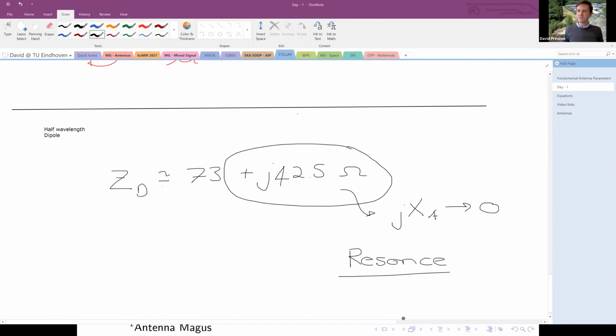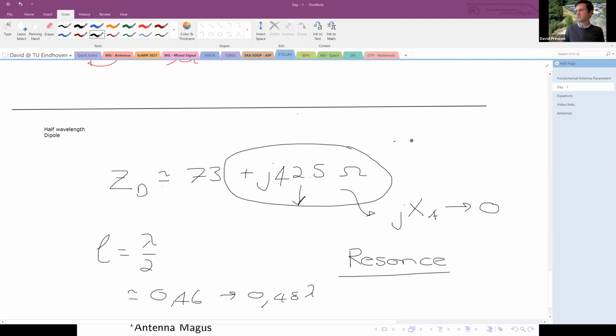And to achieve resonance with a dipole antenna, as I said, the length should be equal to lambda over 2. In practice, it's closer to 0.46 to 0.48 lambda. And the reason why we make it slightly shorter is to reduce this inductance.